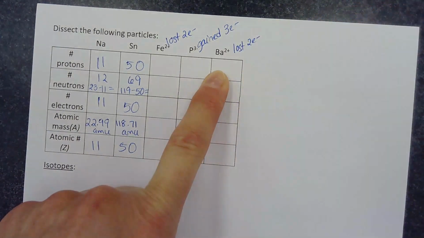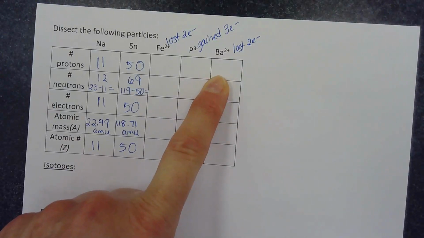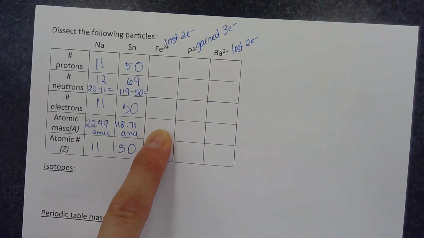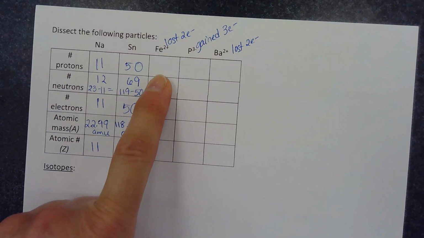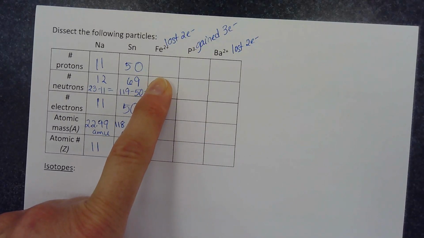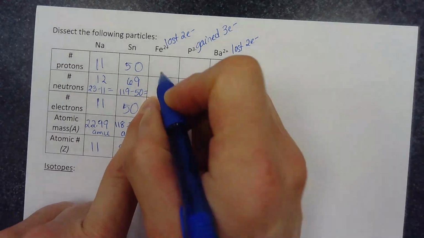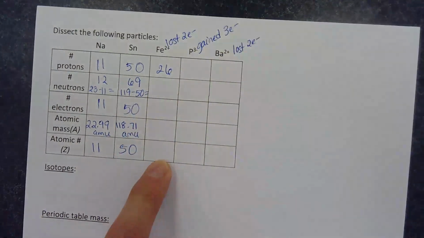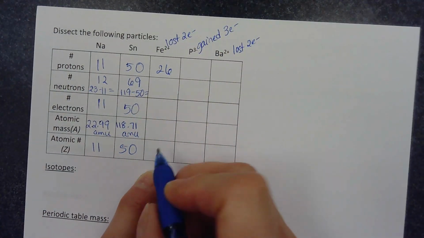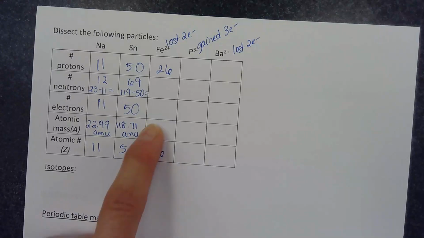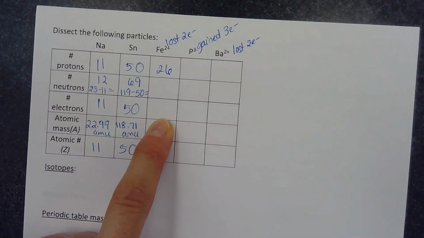So now I'll do Fe2 plus with you, and then I'm going to let you do the other 2. What do you know about protons for Fe? No, protons. 26. Protons don't ever change. So that means automatically what else is for sure 26? Atomic number. But electrons have changed. That's what gives us the positive 2 charge. So how many electrons do we have? 24.